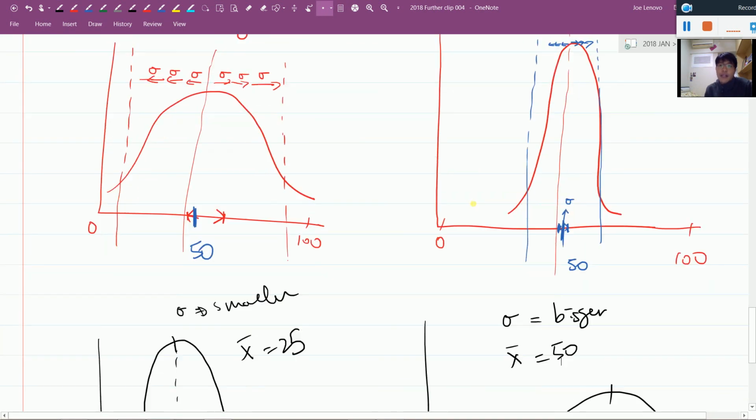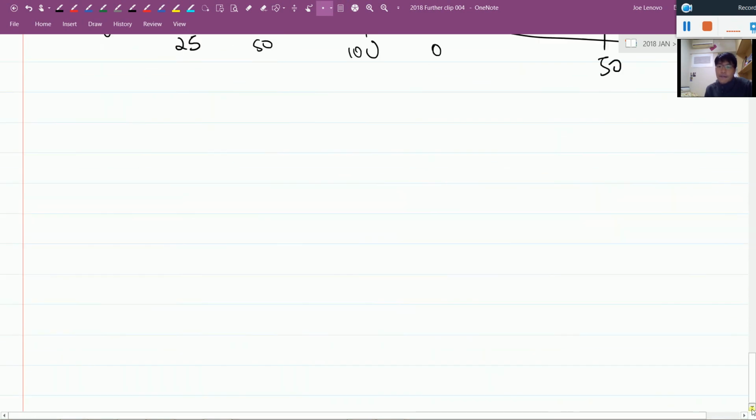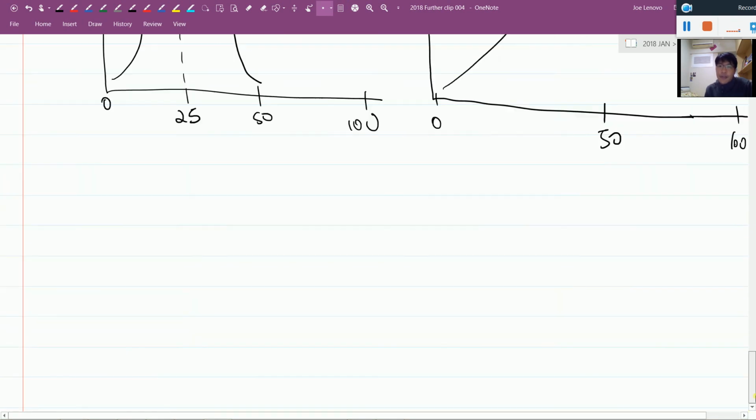So if I ask you to do one thing, plot two graphs, you should be able to do it with me. Say the score of a particular class. The mean of class A is 60 marks, 60%, with a standard deviation of 5%.